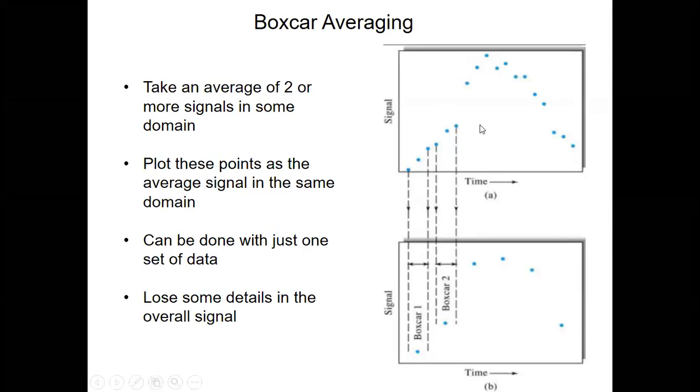Also, in ensemble averaging, you have to take 3 or more spectra. Ensemble averaging is not possible with one spectrum, but boxcar averaging is possible with one spectrum. So it can be done with just one set of data, right?